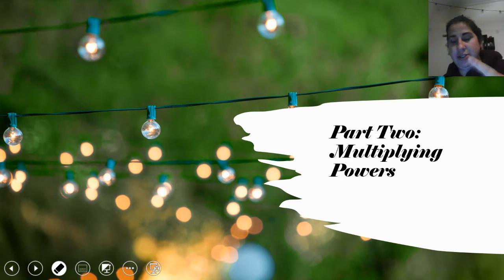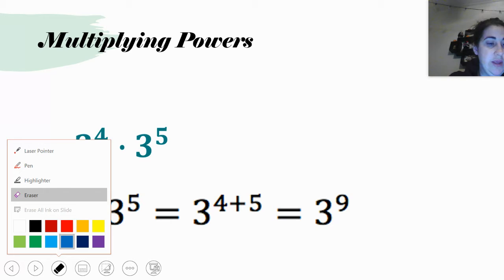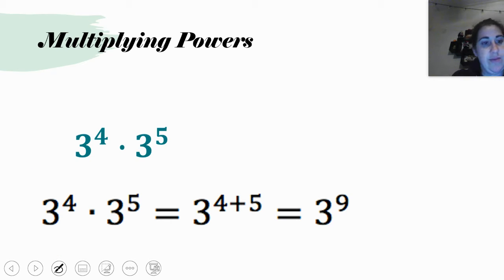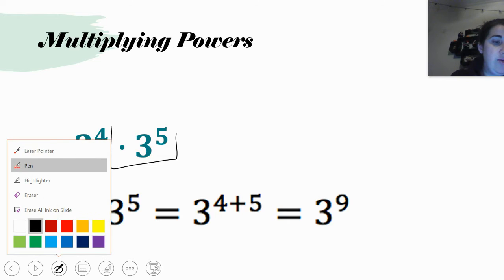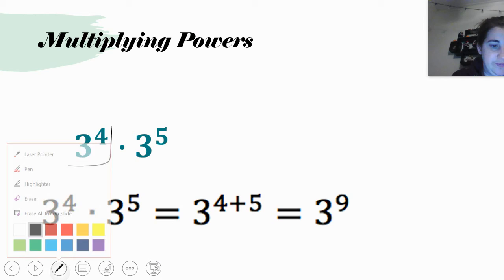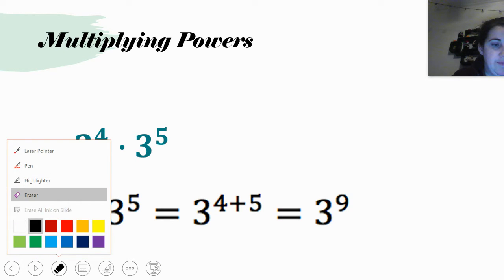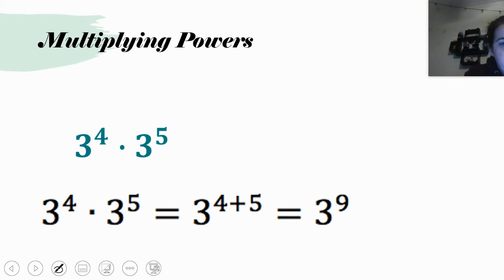Now we're starting on part 2. How do we multiply powers? So if I have some work like this, where I'm doing 3 to the 4th times 3 to the 5th, how can I simplify that? Well, let's think about what this means. 3 to the 4th means that I have 4 3s. 3 times 3 times 3 times 3, right?